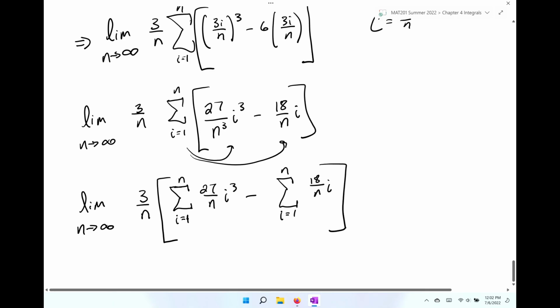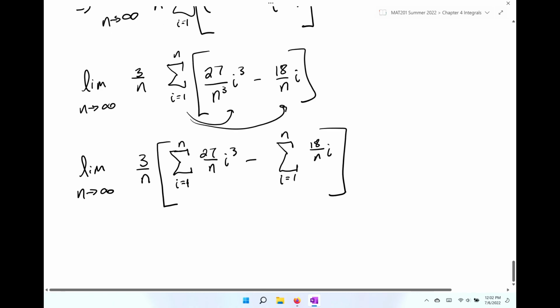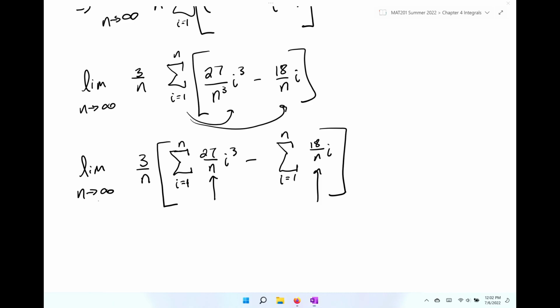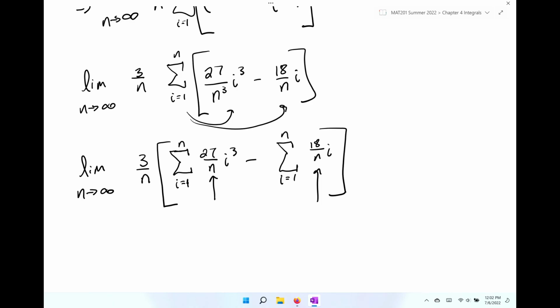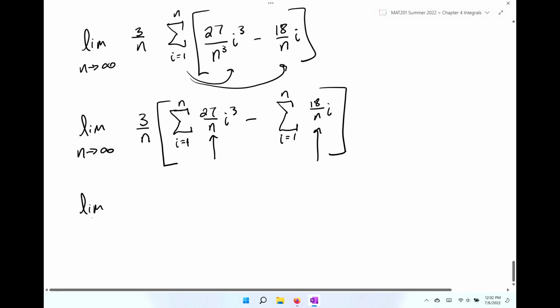Notice 27 over n and 18 over n are going to be numbers. If I knew what n was, they would be constants, like if n was 15, it would be 27 over 15 and 18 over 15. And what that means is I can pull them in front of my summation symbol also.